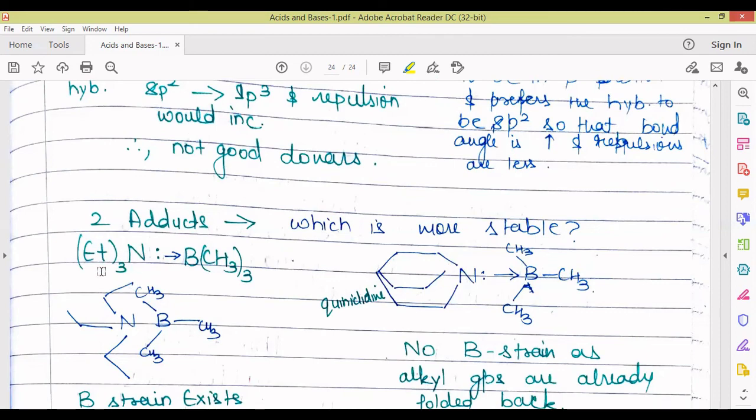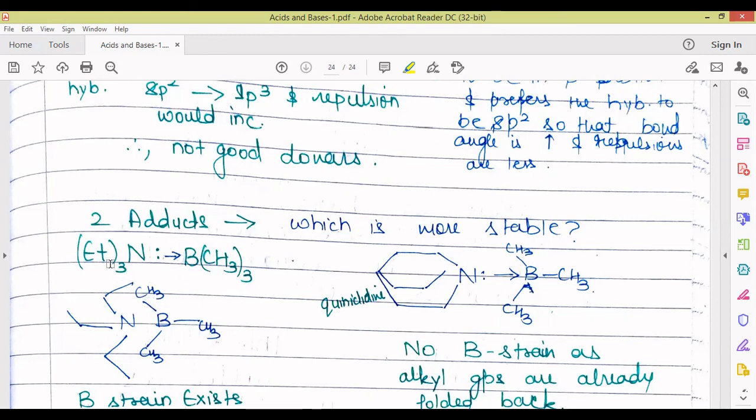But here the 3 ethyl groups must have forced the lone pair to be present in p, and the hybridization would be sp2, and these will avoid reducing the bond angle from 120 to 109 and changing the hybridization from sp2 to sp3.